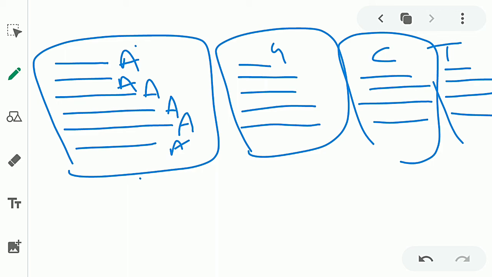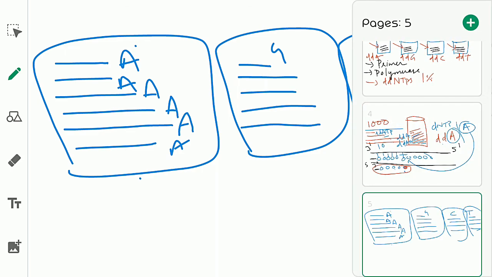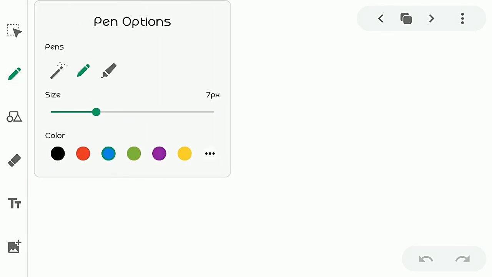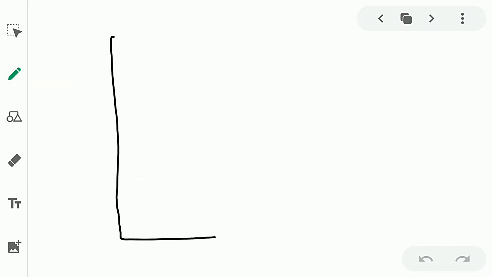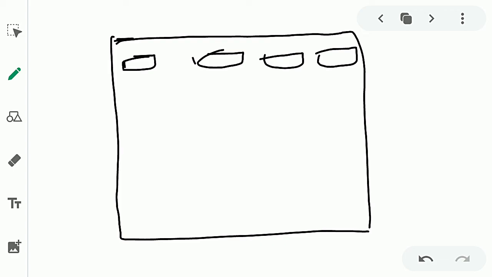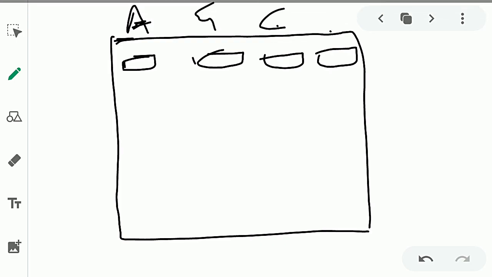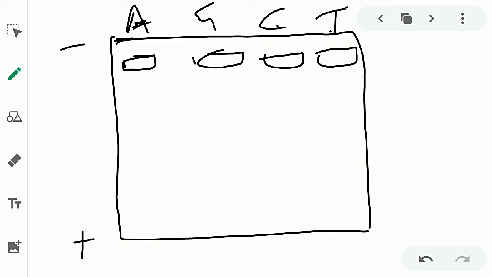Now how do we get the new sequence from this? Let us see. What Sanger did is he separated all these newly formed fragments on agarose gel electrophoresis. The first vessel, the tube of A, was loaded in the first well, G in the second, C in the third, and T in the fourth, and he separated the DNA fragments based on their size.